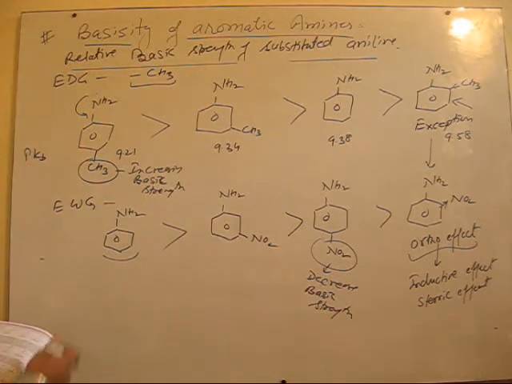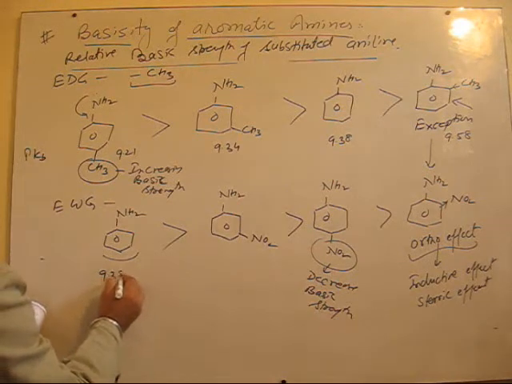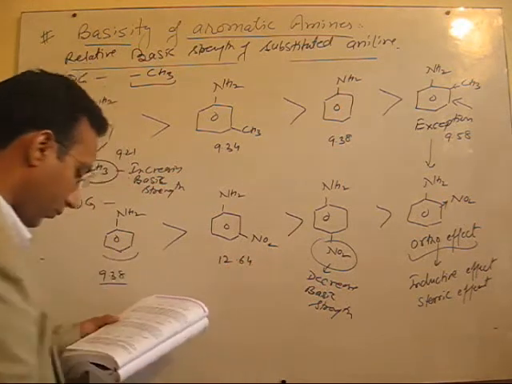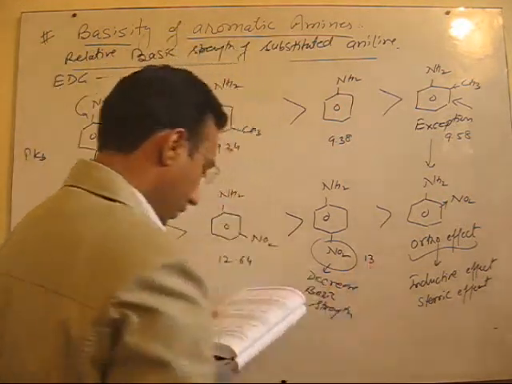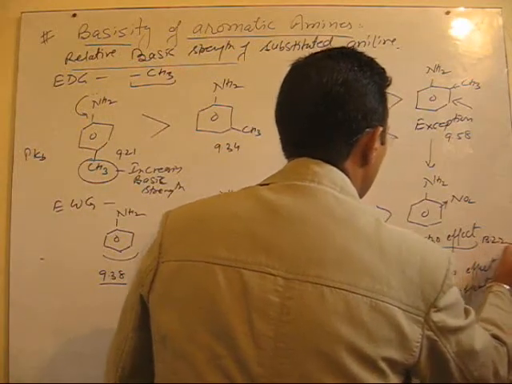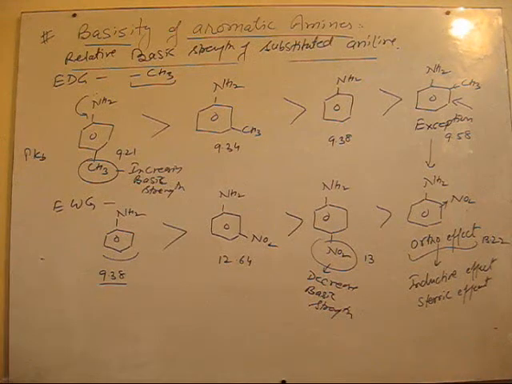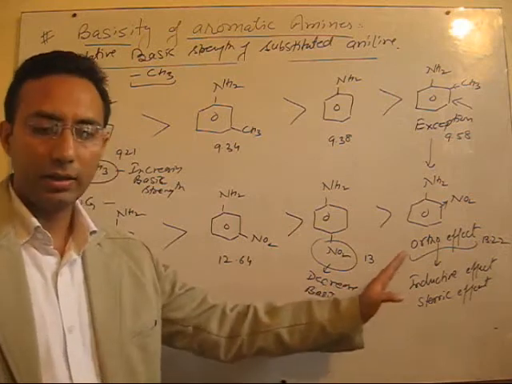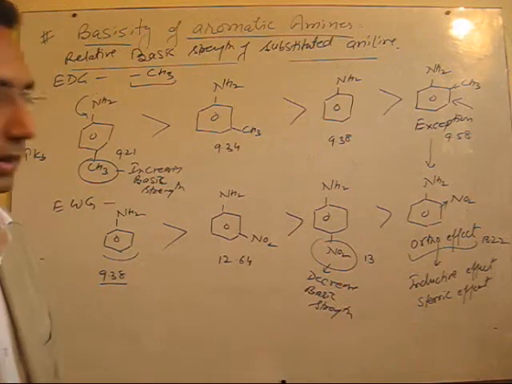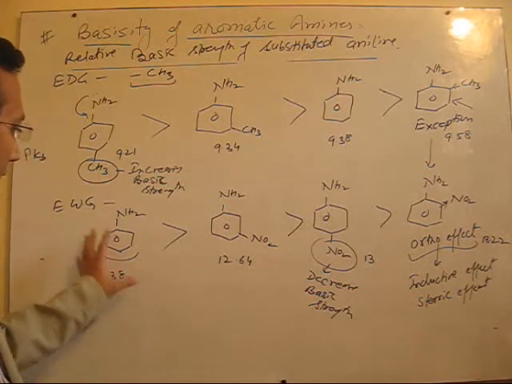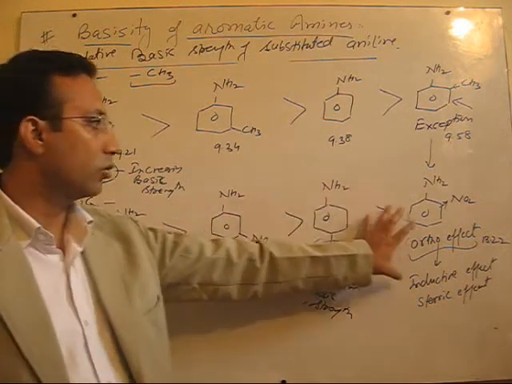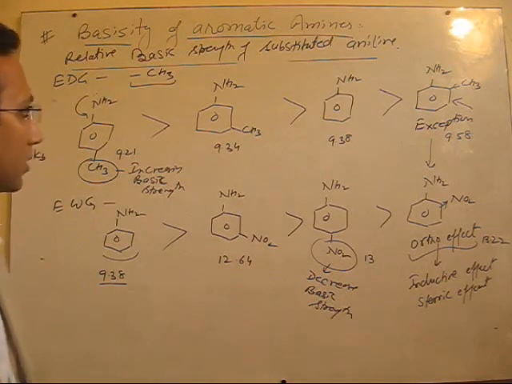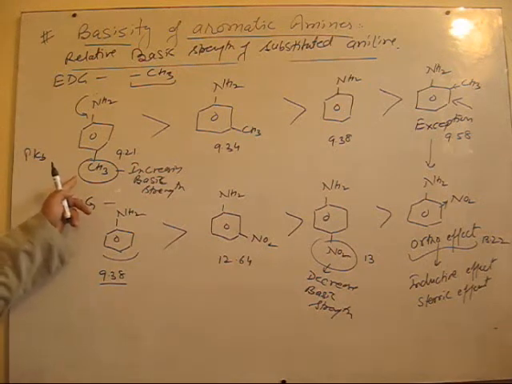Then in this case, aniline is again 9.38, here 12.64, here it is 13, and in case of ortho it is 13.22. Right? So we see here as the substituent is electron withdrawing, the pKb value goes on increasing, that is, basic strength is going on decreasing in this case. Fine. So aniline is the strongest among them, and as the nitro group comes at various positions in the ring, it is going to decrease the basic strength. Fine. So this is one comparison of the substituents.